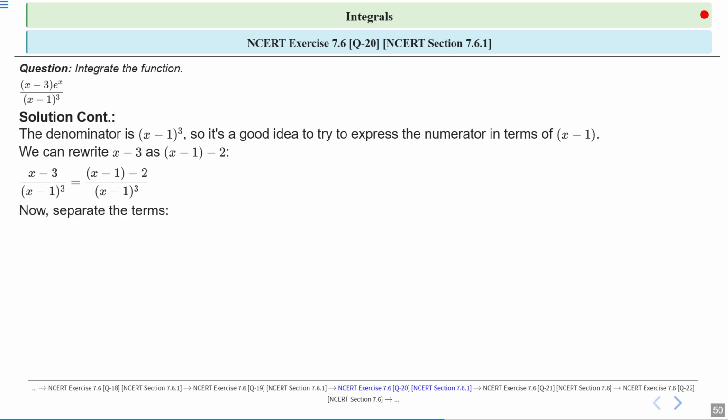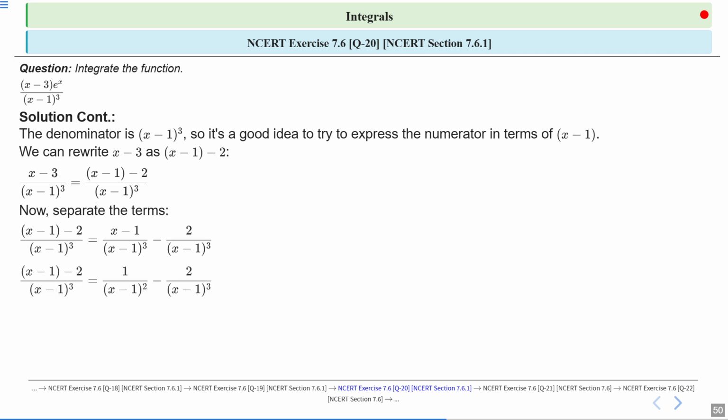Separate the terms. We get x minus 1 by x minus 1 whole cube minus 2 by x minus 1 whole cube. So when we divide, cancel out x minus 1 in numerator and denominator in the first term. So we get 1 by x minus 1 whole square minus 2 by x minus 1 whole cube.